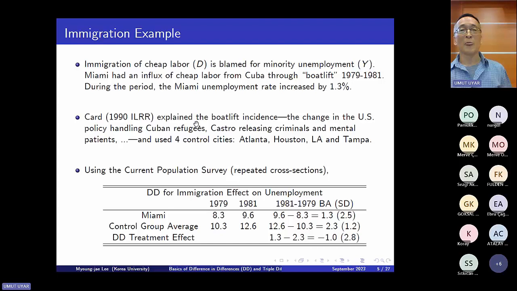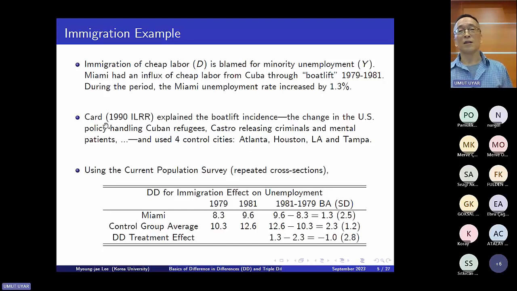And during this boat lift incident, Miami unemployment rate increased by 1.3%. So the question was whether this increase in unemployment rate was due to this massive influx of cheap labor from Cuba.